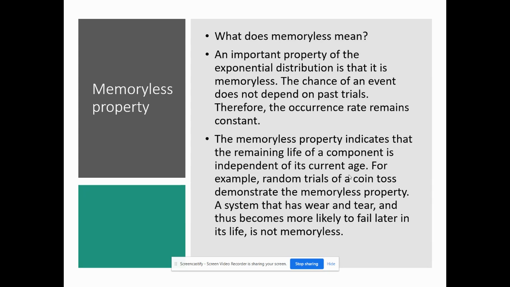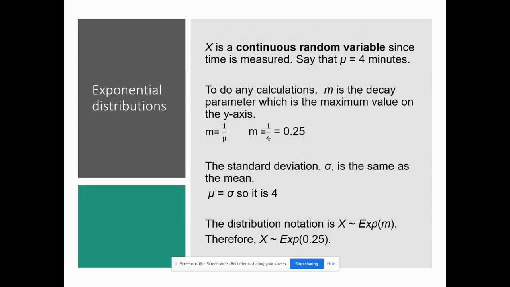So the memory-less property indicates that the remaining life of a component is independent of its current age. For example, random trials of coin tosses demonstrate the memory-less property. But a system that has wear and tear on it, like a car, is not memory-less, because how it's going to be is dependent on the time in the past.